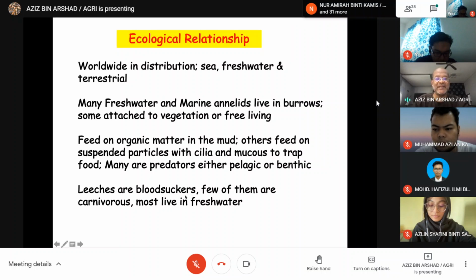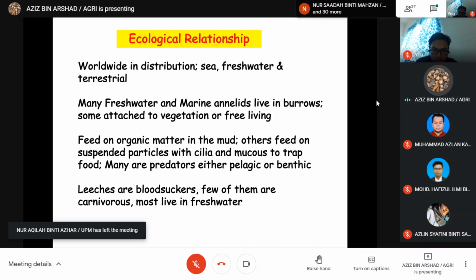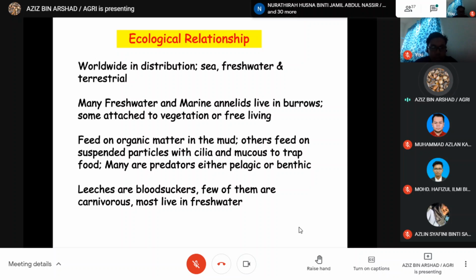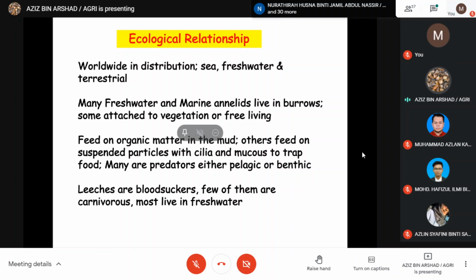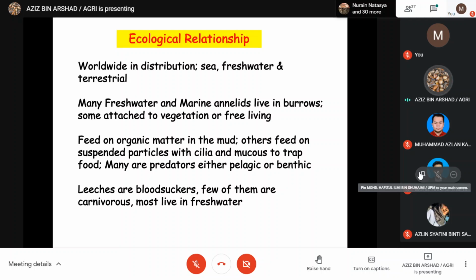In terms of habitat, they can be found in marine, freshwater, as well as terrestrial. Terrestrial is the leeches as well as the earthworm. The leech that is on land is the one locally known as pacat. Many freshwater and marine annelids live in burrows, some attached to vegetation or they are free living.